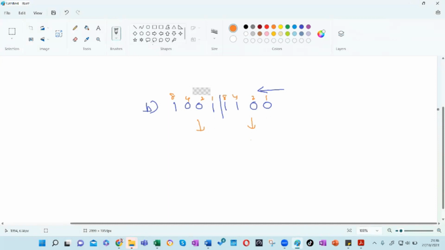Right. So what is this? 12. This one, 8 plus 1 is 9. Okay, so 9 is fine. 12. Tarul, can you tell me what 12 is in hexadecimal? Rainbow, can you tell me what is 12?